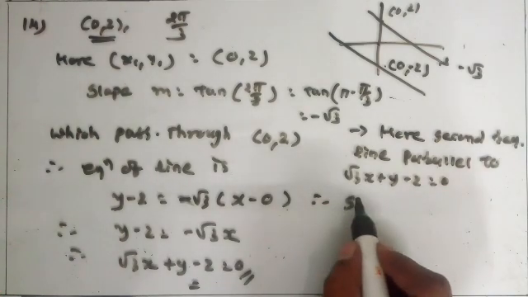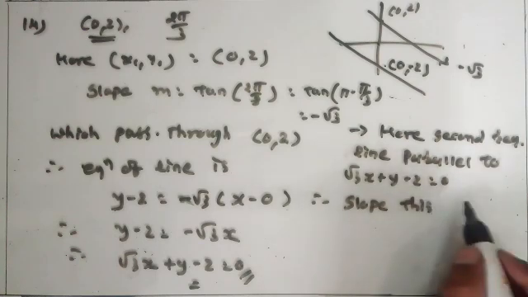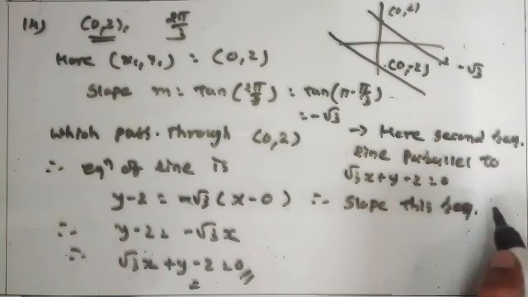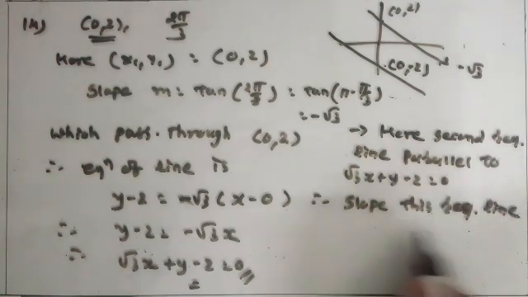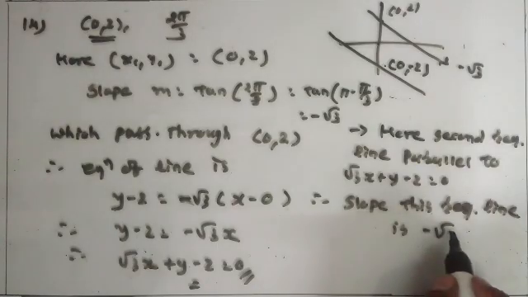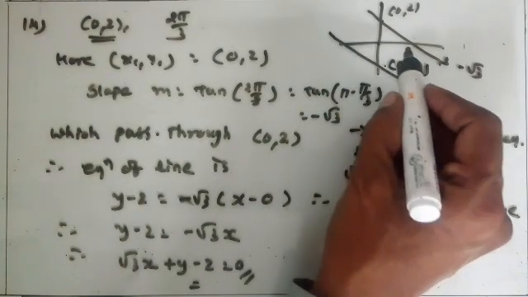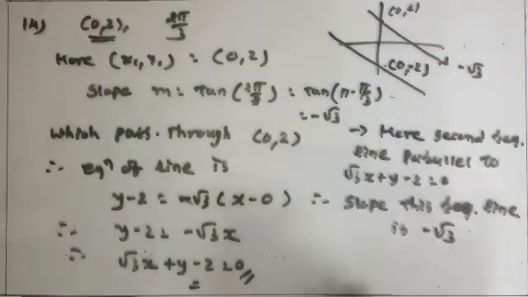Therefore the slope of this required line is minus root 3, and this line crosses the y-axis at a distance of 2 below the origin.